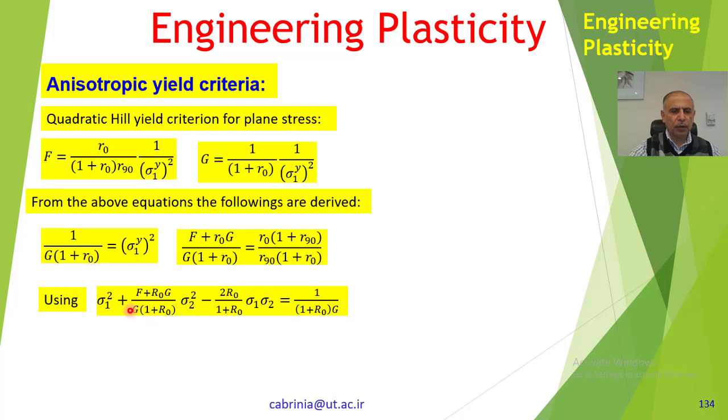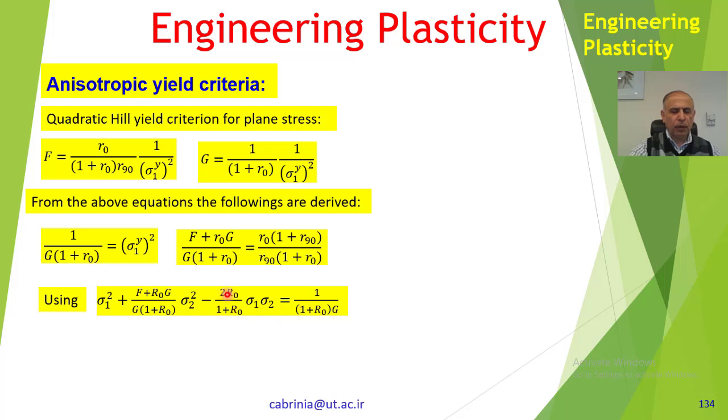You remember we obtained this before in terms of f and g, and therefore here we got this g and f, and we can substitute here. For instance, if you look here, f plus r0 g times 1 plus r0 is this one, and 1 over g times 1 plus r0 is this one.